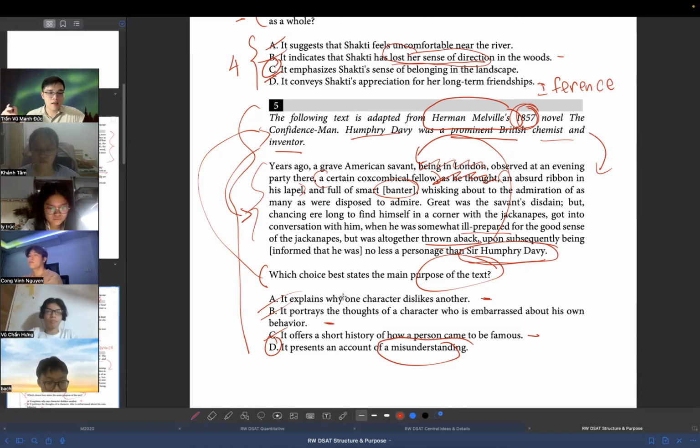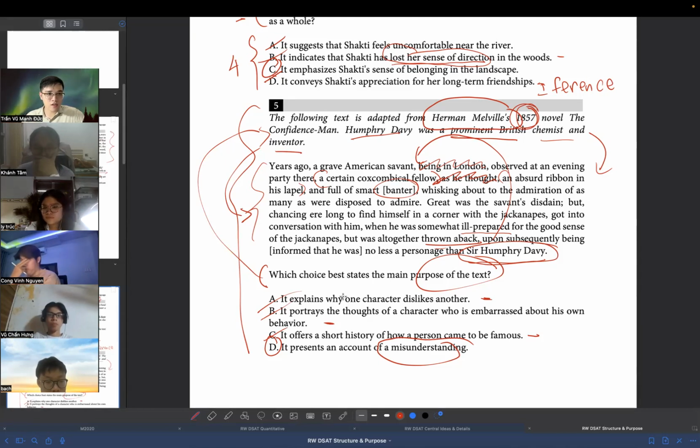As I said, passages from the 1800s or the early 1900s will be very repetitive. And if you haven't understood the first sentence yet, you will most likely find similar information later. So don't be afraid if you haven't understood the first or second sentences or phrases.